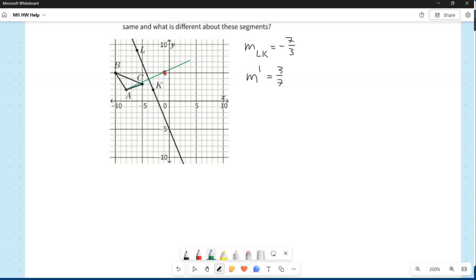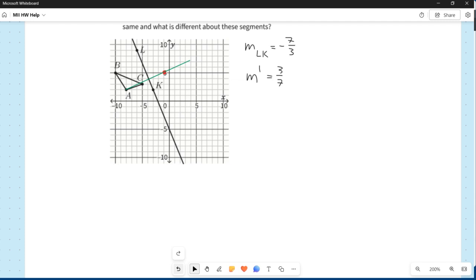Now I'm going to get rid of that red point because it's a little distracting. I knew that was going to happen. All right, we'll keep it until we're done, then I'll deal with it. So our point of reflection, in this case A prime, is going to be on that green line. That's why we drew it.